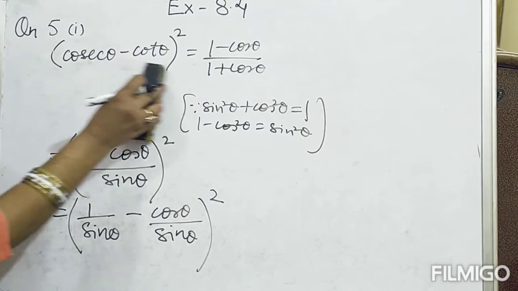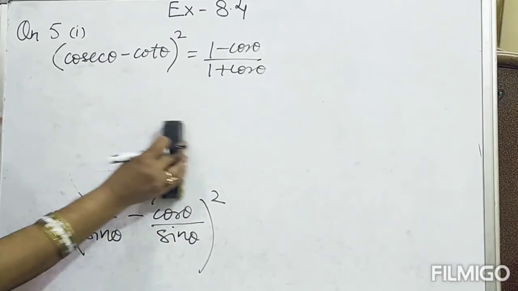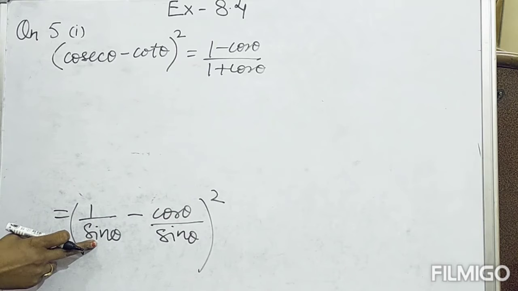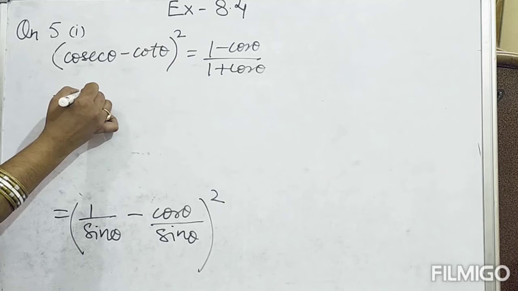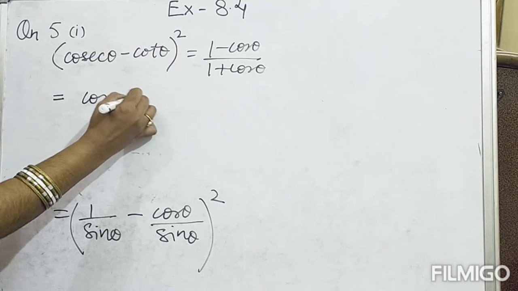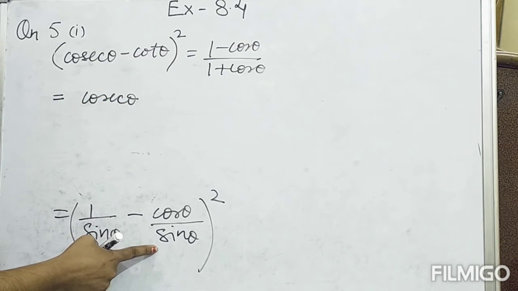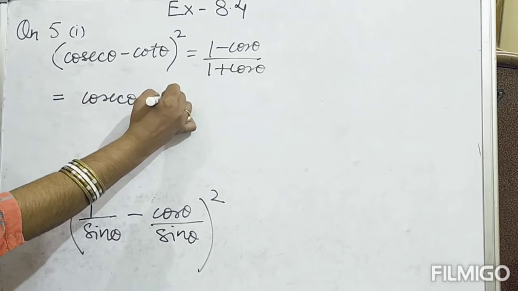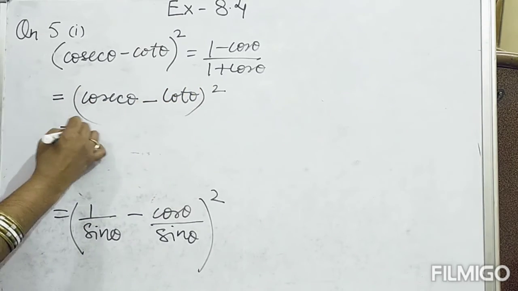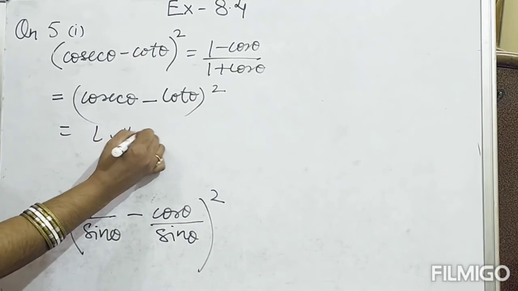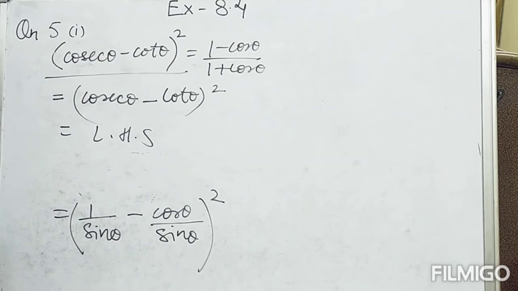So now I will get 1 by sine theta. We all know that sine theta is the reciprocal of cosec theta. So 1 by sine theta must be cosec theta, and cos by sine, we have a formula for that, that is cot theta, and this is whole square, and this is equal to LHS. Here it is LHS.